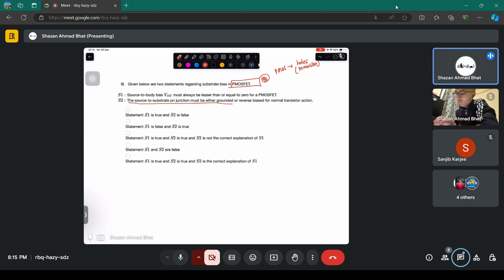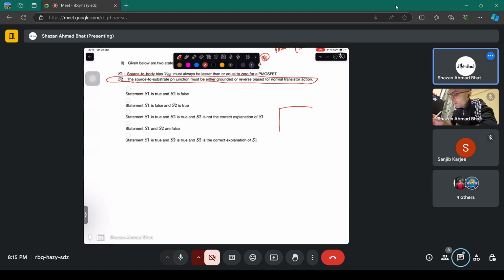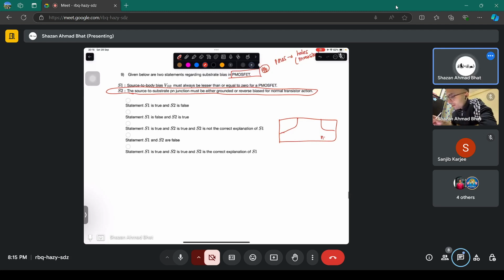Okay, this is a very good question. That is what I wanted to discuss, but time didn't allow me to see. If you have a PMOS, that means this is N-type, let's say, and you have P plus regions here now. That's what I discussed earlier. That means during inversion there will be holes here. This is oxide, this is gate voltage.